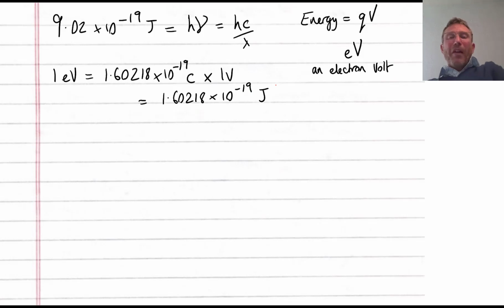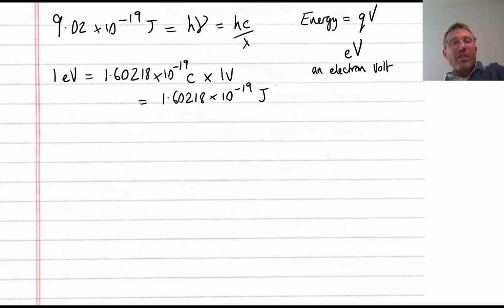So often when we're talking about photons, we're going to think about electron volts, because we're talking about the energy inside an individual photon. And most of the time when we're working with joules, we're thinking about things on the macroscopic scale.